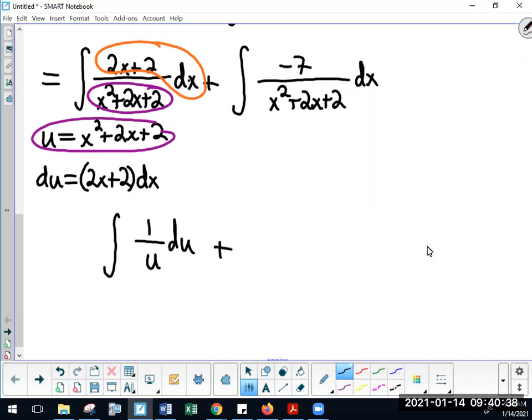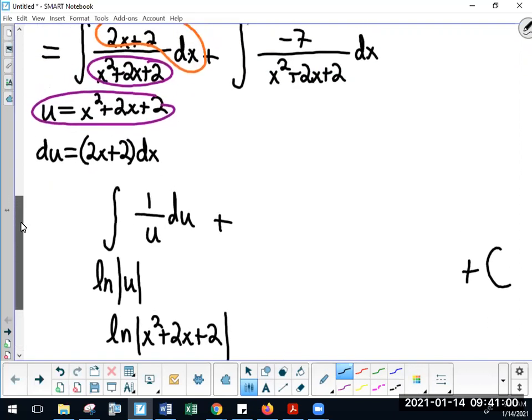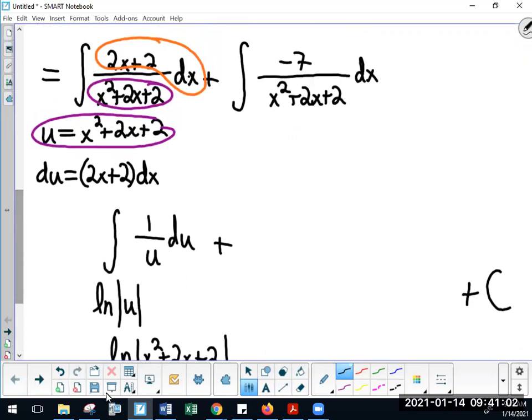And that means I have the natural log of the absolute value of u. There's going to be a plus c, of course, because this is an indefinite integral. And because I substituted for x, my final answer is going to be the natural log of the absolute value of x squared plus 2x plus 2, plus c. Okay?